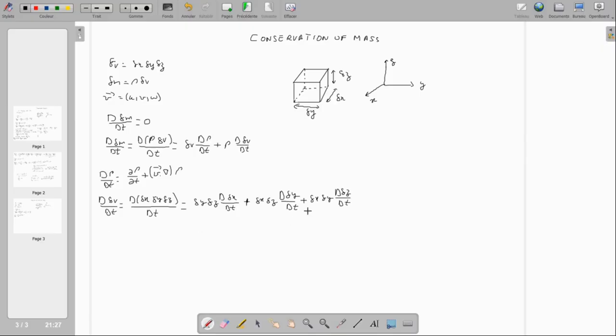So let's now derive how each side length of the fluid element changes with time. So variation along y.